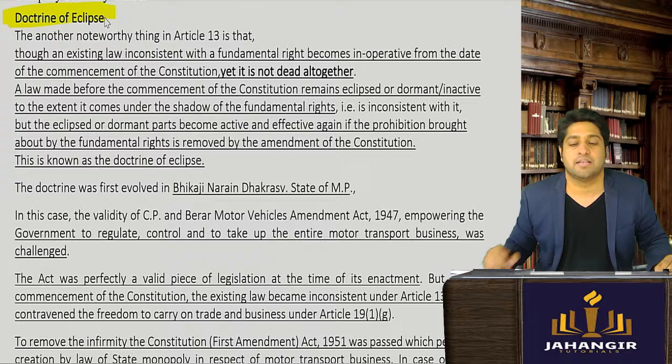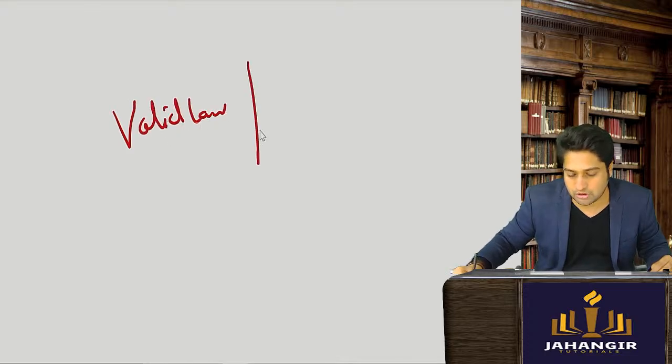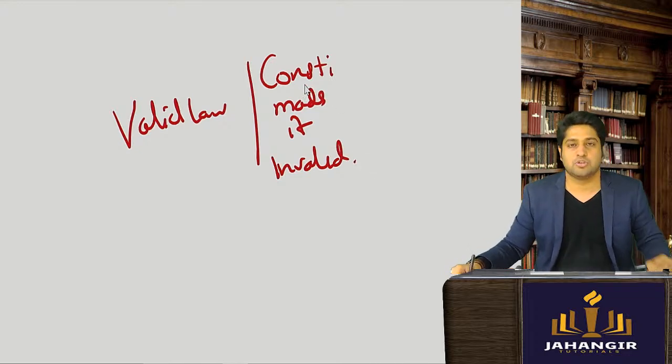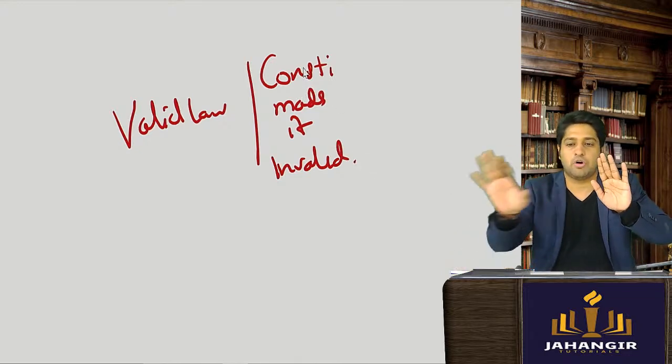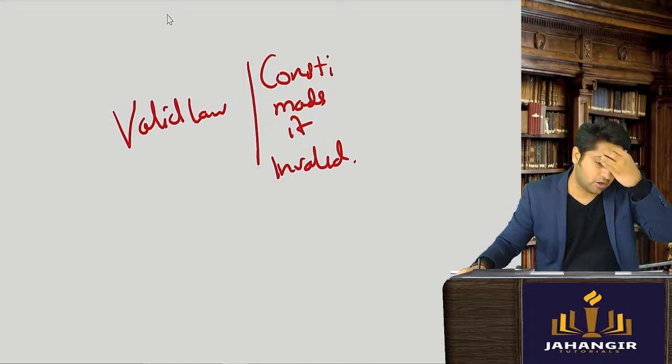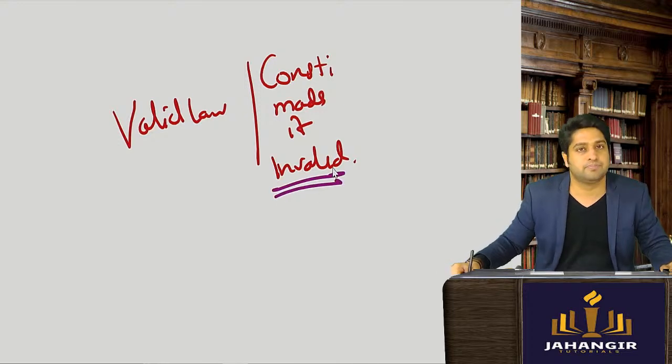It says that if there was a law which was valid, then the constitution came and made it invalid. So there was a valid law, and because of the constitution, the law became invalid.